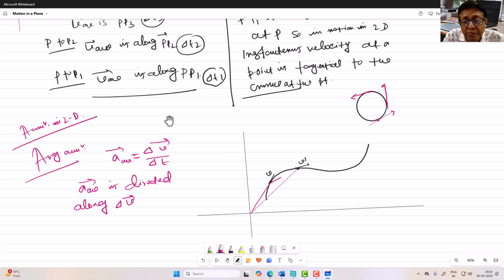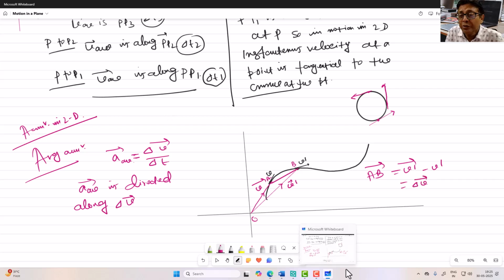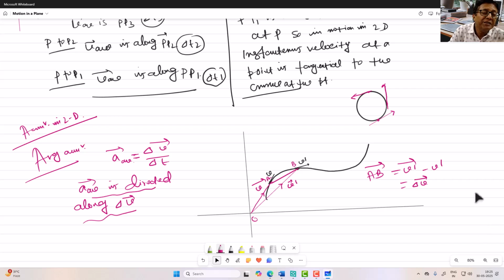On this curve, delta V will be directed along this direction, because V this way, V dashed this way. Let this point be A and this one B, then AB is V dashed minus V, that is delta V. So delta V by delta T will be along delta V only. So average acceleration is directed along delta V.